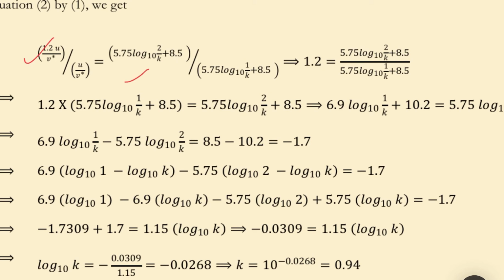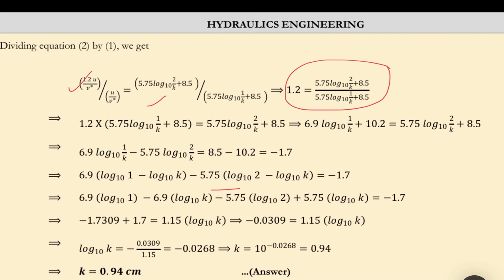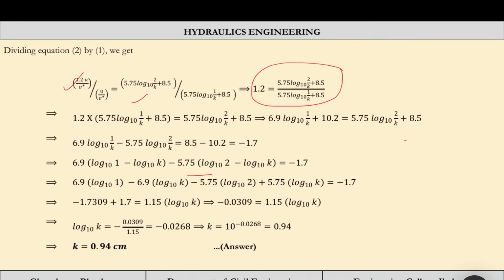So this ratio will become 1.2, and the respective values we have written here. Now just multiply, 1.2 times this value will equal simply 5.75 log base 10 2 by k plus 8.5.